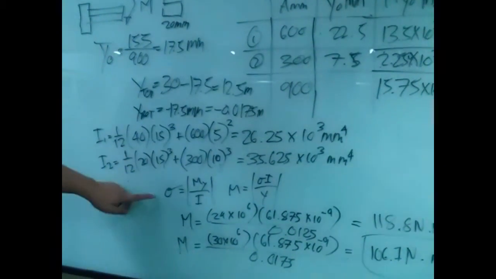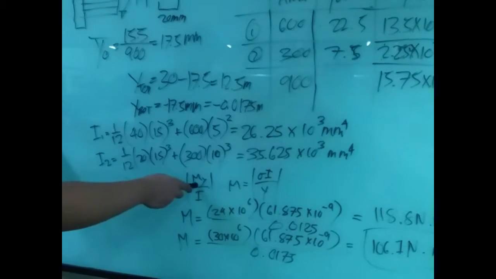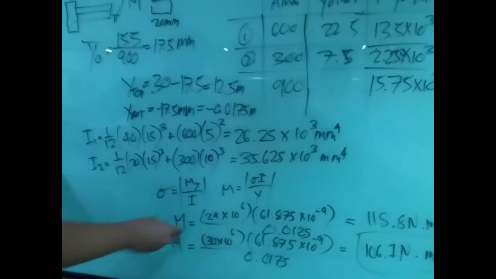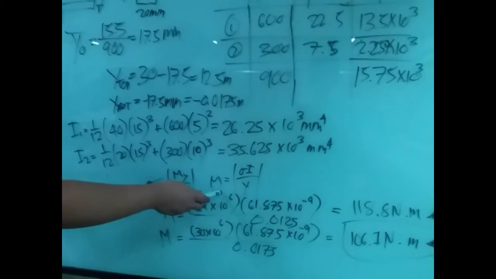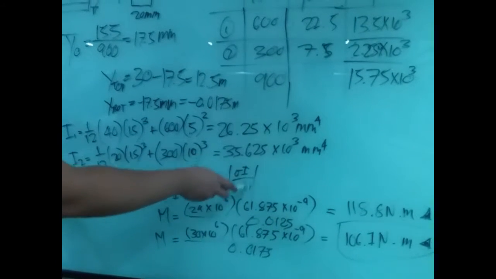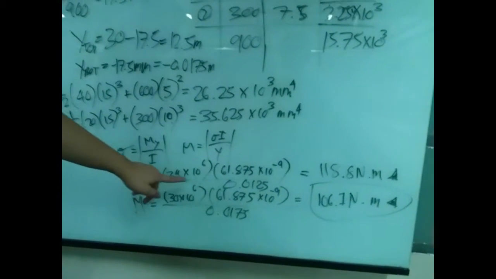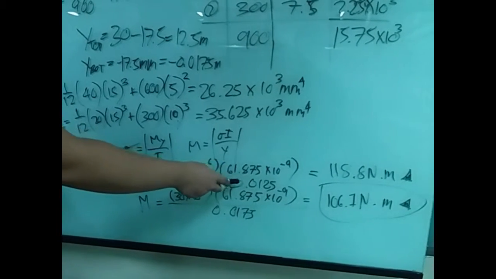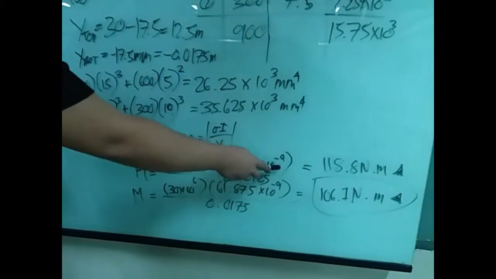So we get the formula of stress, which is bending moment times y over I, and the bending moment is derived by: bending moment is equal to stress times inertia over y bar. So moment is equal to 24 times 10 raised to 6 times 61.875 times 10 raised to negative 9.